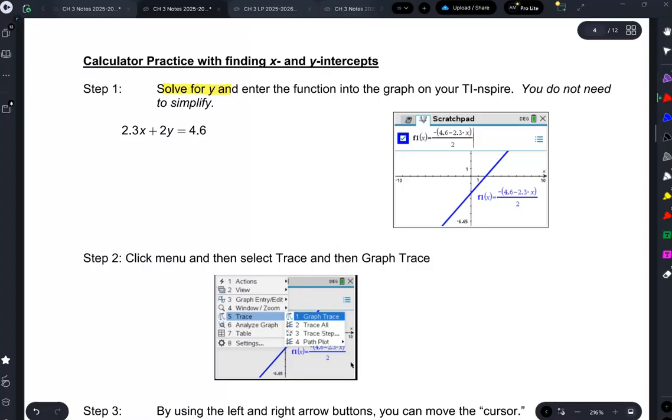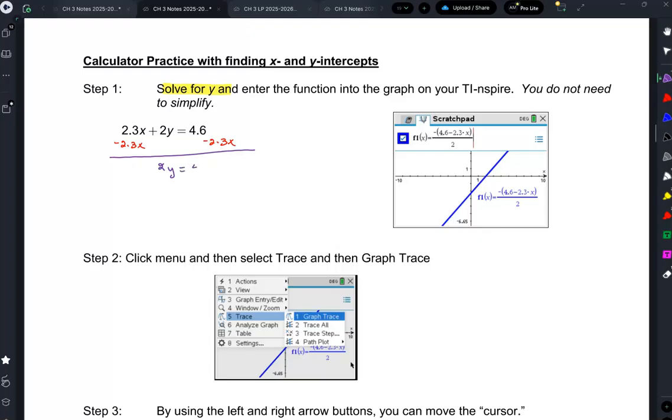So here, we're going to solve for y. So I'm going to subtract 2.3x. Okay. So I get 2y is 4.6 minus 2.3x. Now, I'm going to divide by 2.